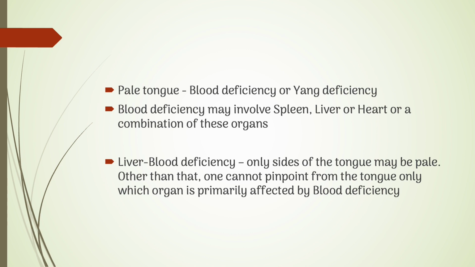The blood deficiency may involve the spleen, liver, or heart, or a combination of these organs. If there is liver blood deficiency, only the sides of the tongue may be pale. Other than that, one cannot pinpoint from the tongue only which organ is primarily affected by blood deficiency.